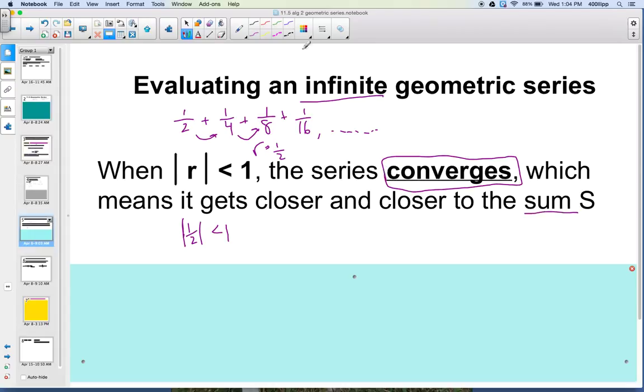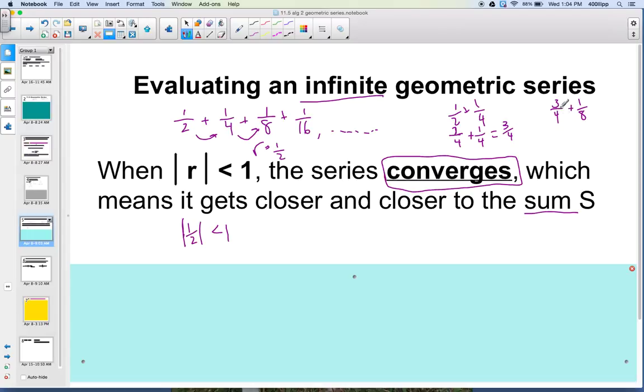But if I start adding these numbers up, 1/2 plus 1/4, that's really 2/4 plus 1/4 is 3/4. That's 0.75. Let's add another term on, plus 1/8.